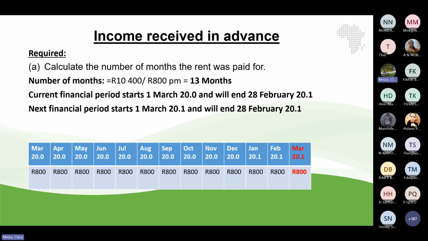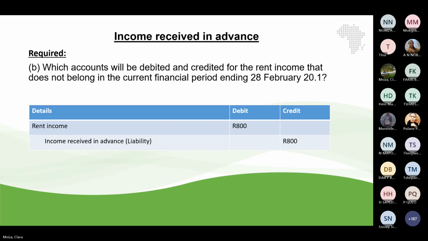It's for the next financial year. If we included the 800 in this profit and loss, we would be overstating our income, because we haven't provided the services for it yet. It relates to the new financial period.